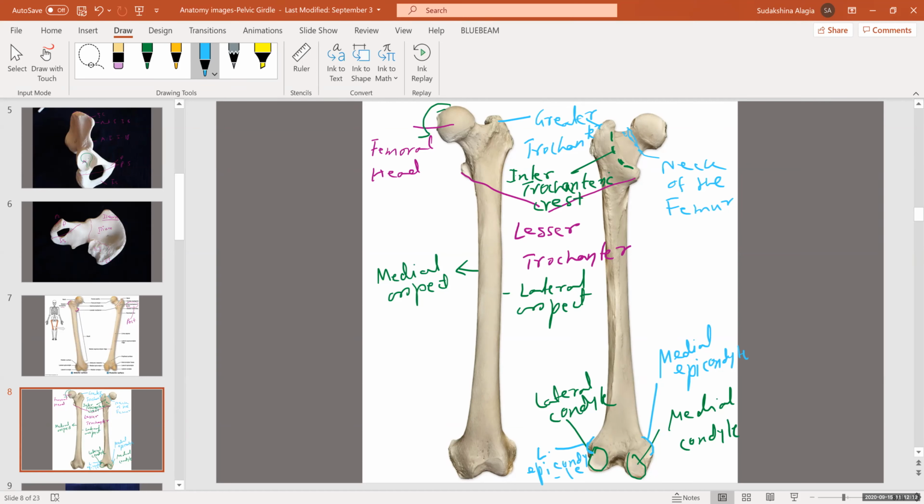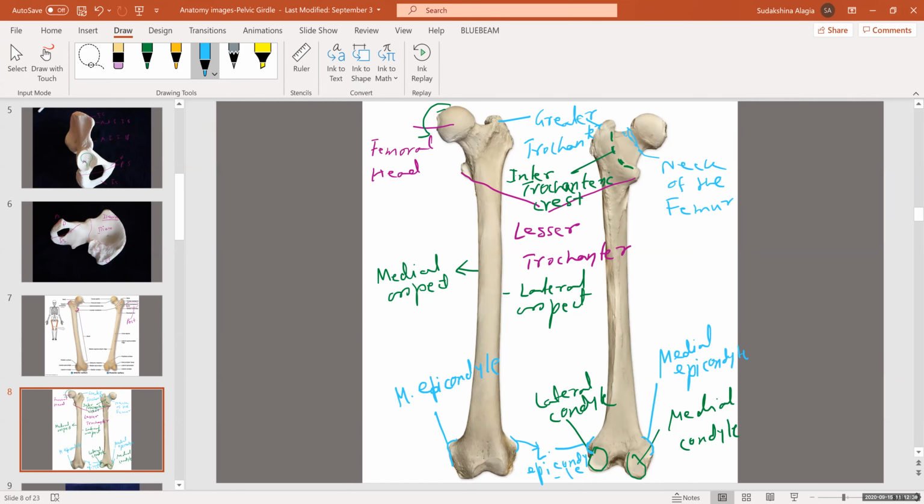How about the bone from the anterior view? Can we see the medial and lateral condyle? No, of course we don't. Do we see the epicondyles? Yes, of course. Right there. Medial epicondyle. Here we see the lateral epicondyle.